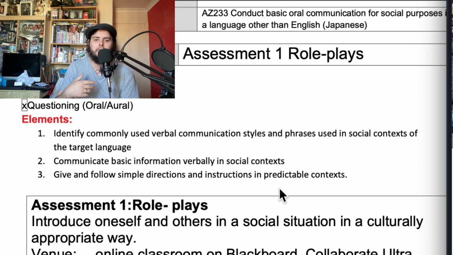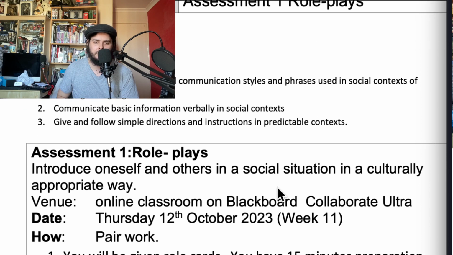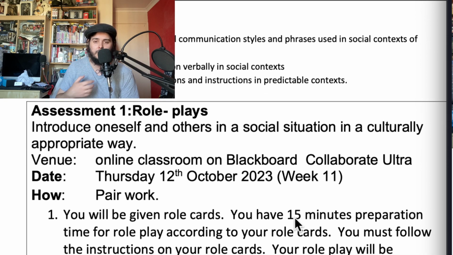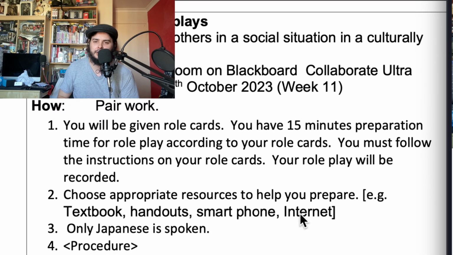And 3rd, give and follow simple directions and instructions in predictable contexts. So we have the role plays, introduce oneself and others in a social situation in a culturally appropriate way. So yeah, we do this.